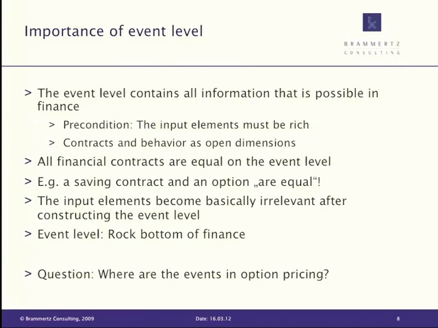And here may be a question. What are the events in option pricing? Actually, to really understand what happens in option pricing, the best way is to treat it in a Monte Carlo fashion. To run different paths and then go always to the payoff.